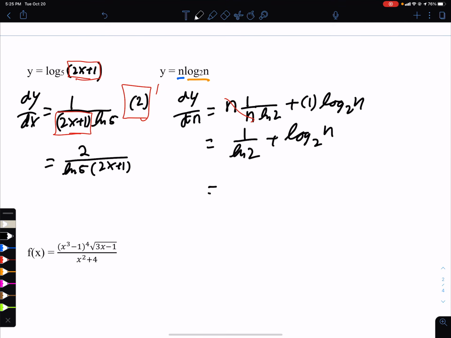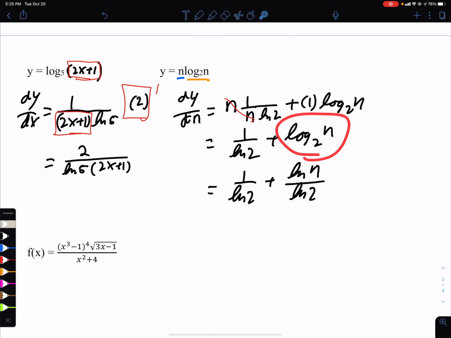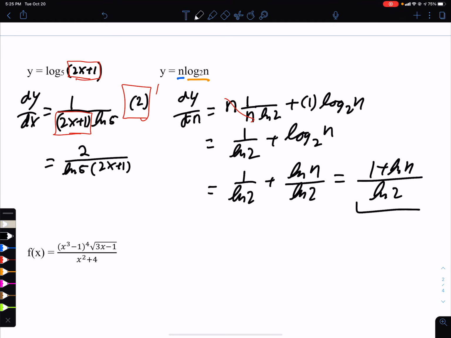This is another beautiful thing. So this becomes ln of n over ln of 2. So any log, you can write it as the log of the top, n, over the log of the bottom. And any log you want, any base you want, and I choose ln. But now we have a common denominator. So we have 1 plus ln of n.